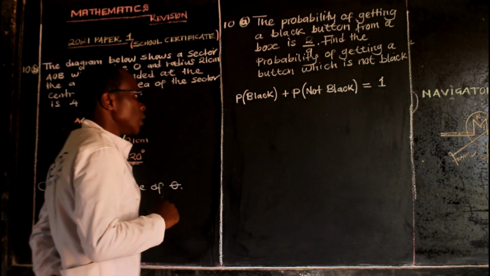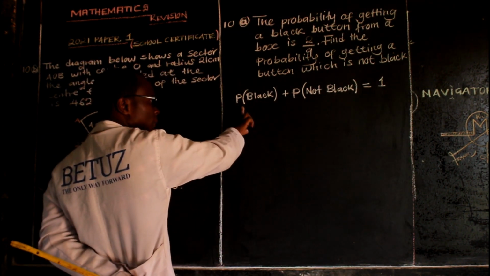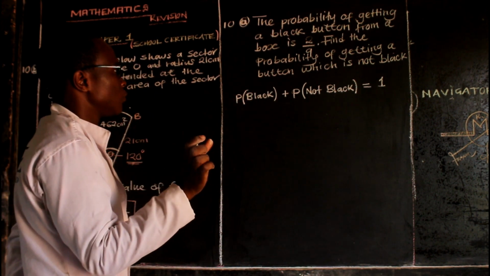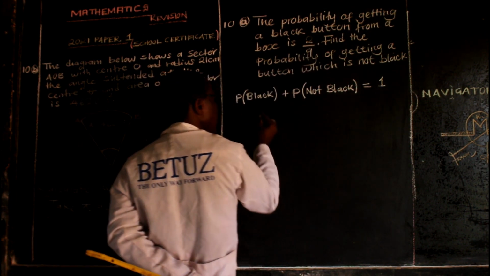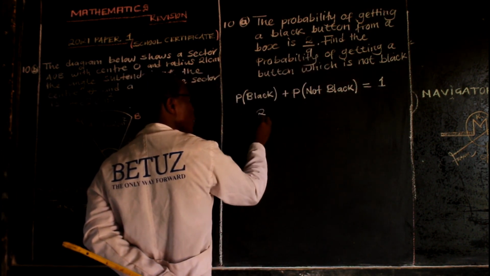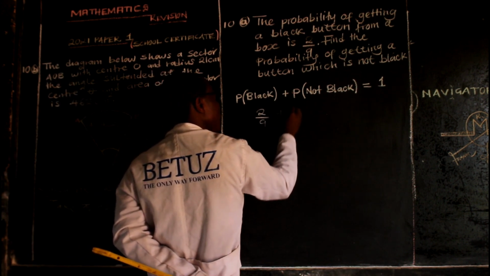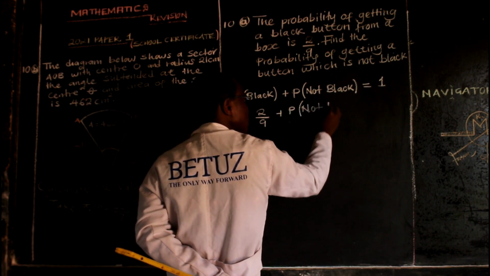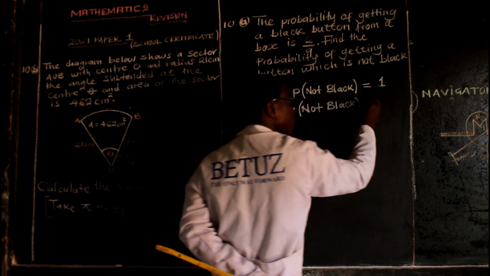Now, we have been given the probability of getting a black button, which is 2/9. So we're going to say 2 over 9 plus probability of not black, this is what we are finding, would be equivalent to 1.